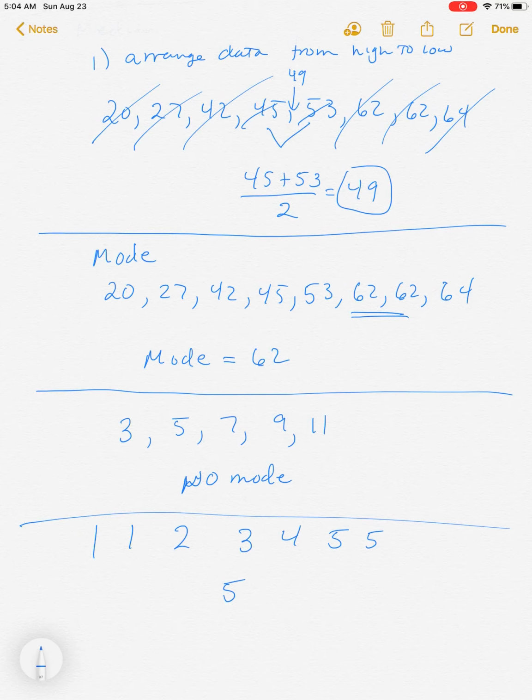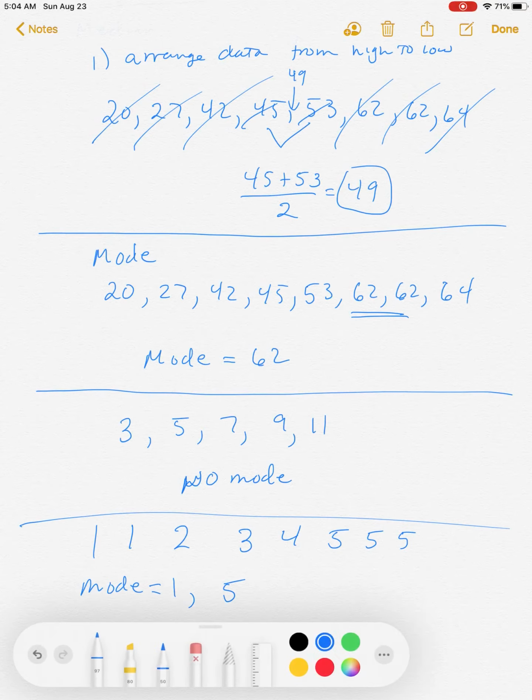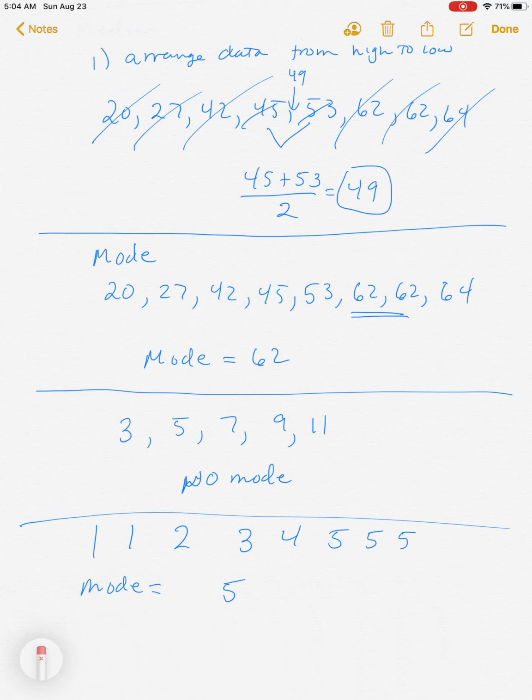If it happened to be 1, 1, 2, 3, 4, 5, 5, then I would have modes 1 and 5. If I were to throw on a third 5, then I would no longer name 1 as the mode because it doesn't occur most often. So I'm not just listing repeated values, I'm listing values that are repeated most often.